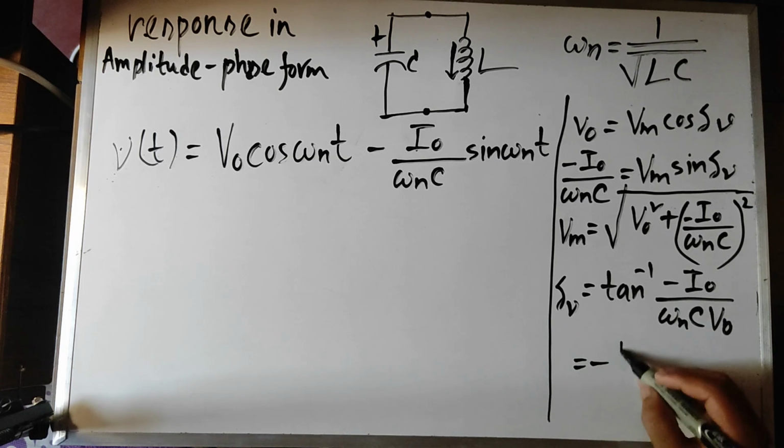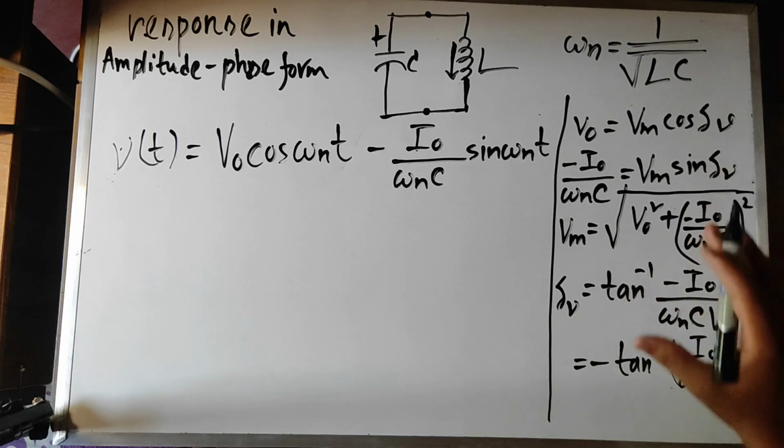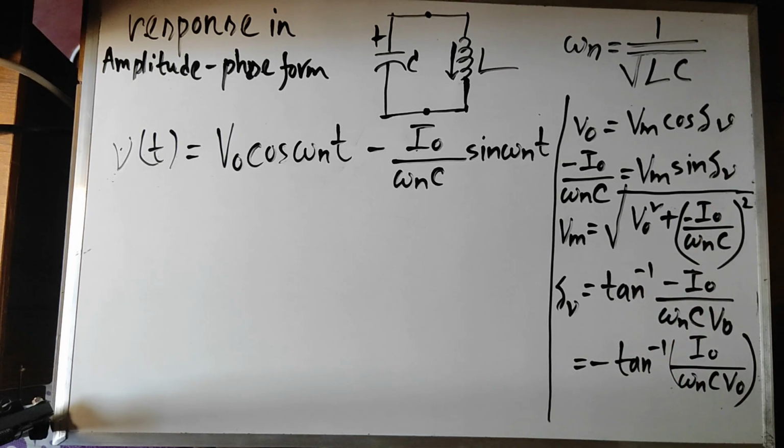We can also write this as minus tan inverse of I0 by omega n C V0, because tan of minus theta is minus tan theta. This is the assumption we have made now.